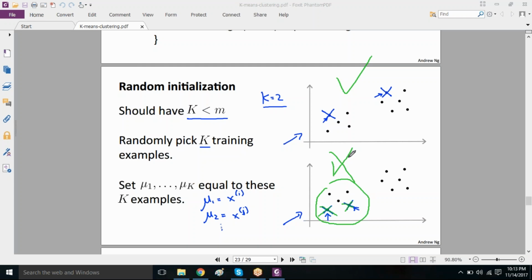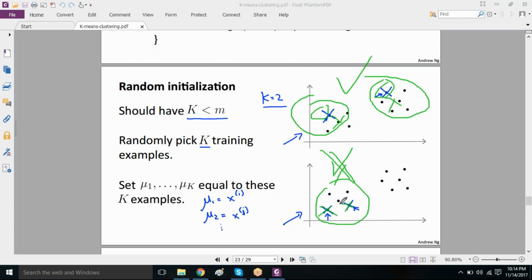Then this will go very wrong, and the model will get corrupted. But if you start with this, then it is good. Then you will form a cluster here and a cluster here. So random initialization in k-means is a problem.